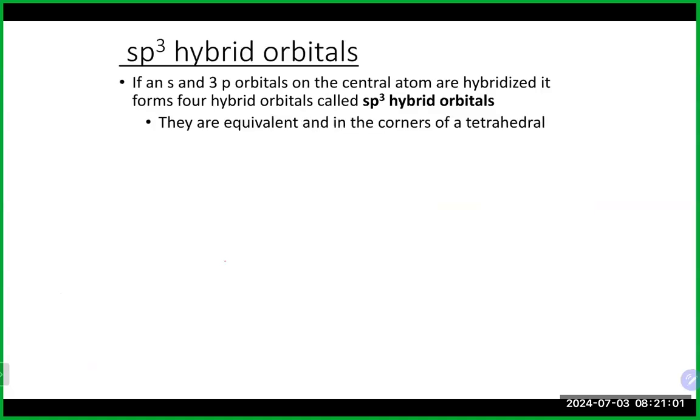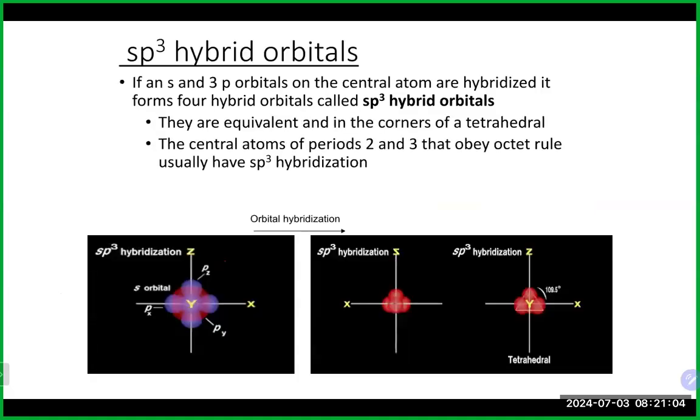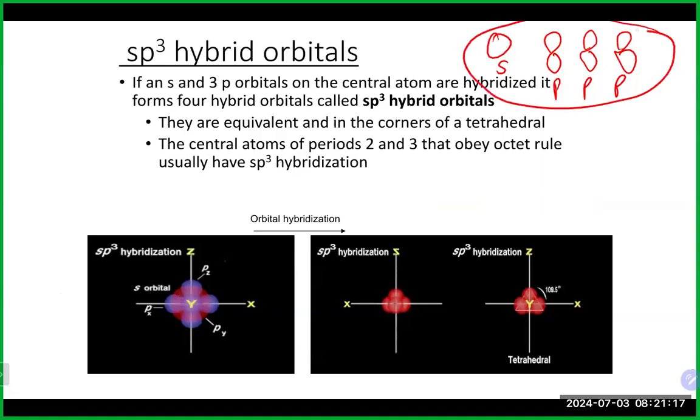The next type of hybridization is sp3 hybridization. Much like the name implies, we're going to take an s and hybridize, in this case, three p orbitals. That's a grand total of four atomic orbitals coming together.